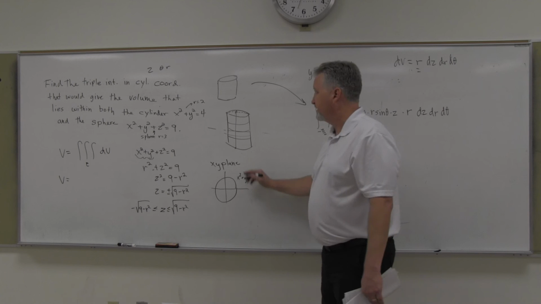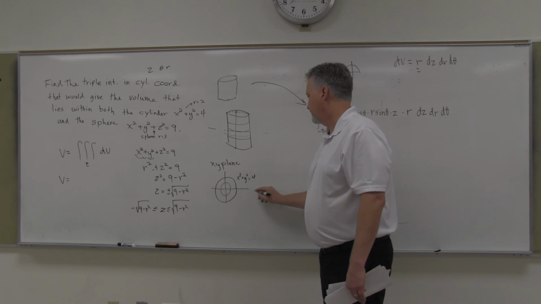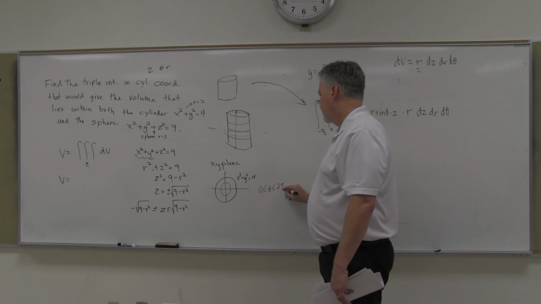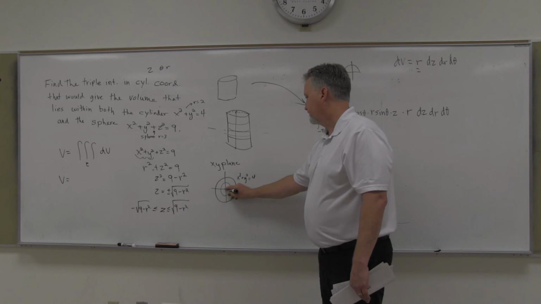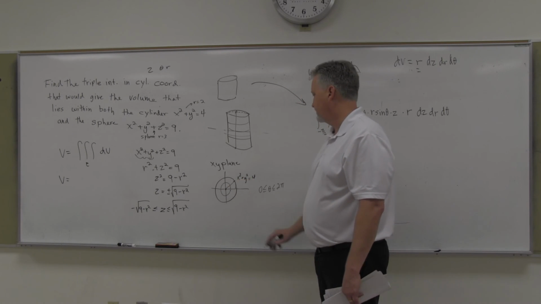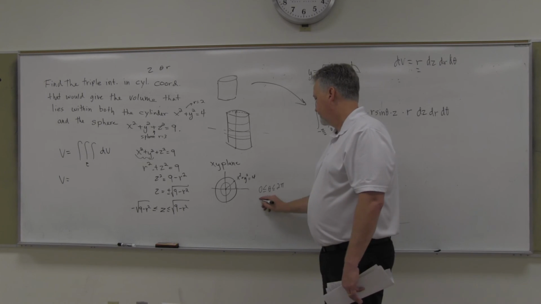So what would that be in r and theta? Well, theta is just going to go 0 to 2 pi. And then r, covering the whole region, goes from 0 out to the circle, which is just radius 2, isn't it? Is that okay?